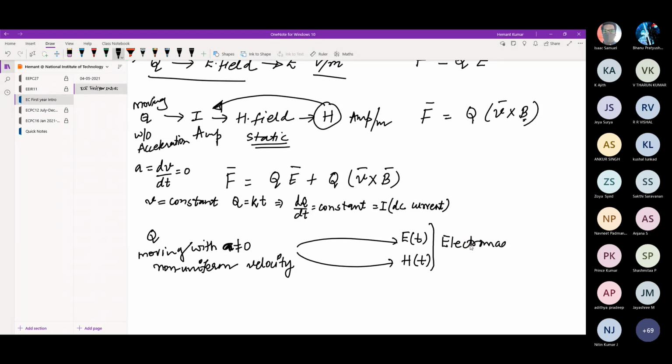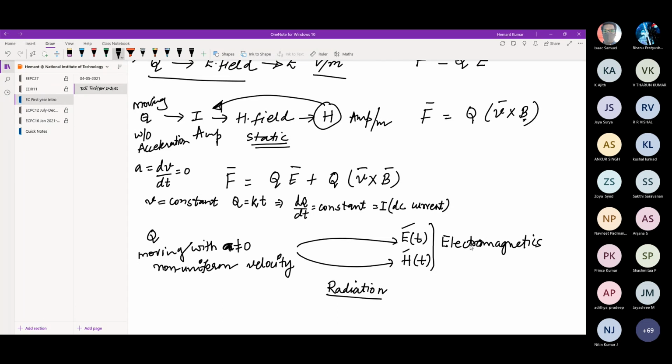So what is an electromagnetic wave? It contains both components, electric field as well as magnetic field, varying with respect to time, and this is the principle of radiation from the antenna. Antenna radiates EM wave using this concept, because it contains electric field as well as magnetic field.